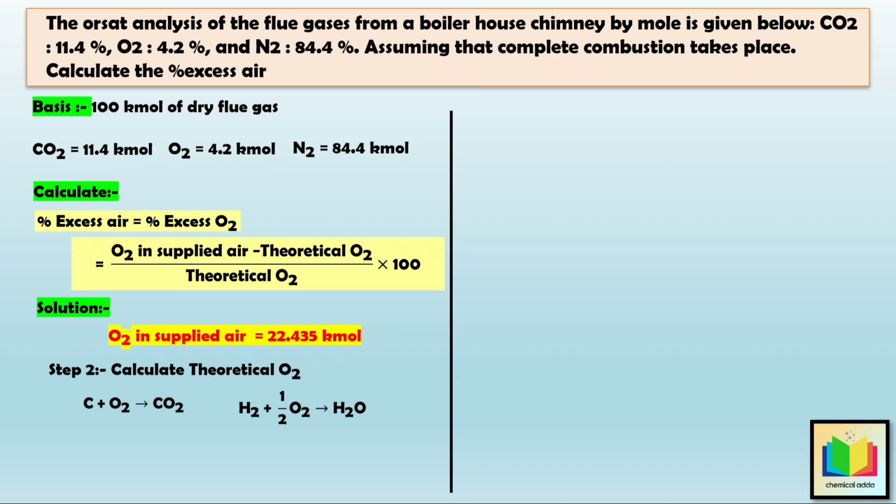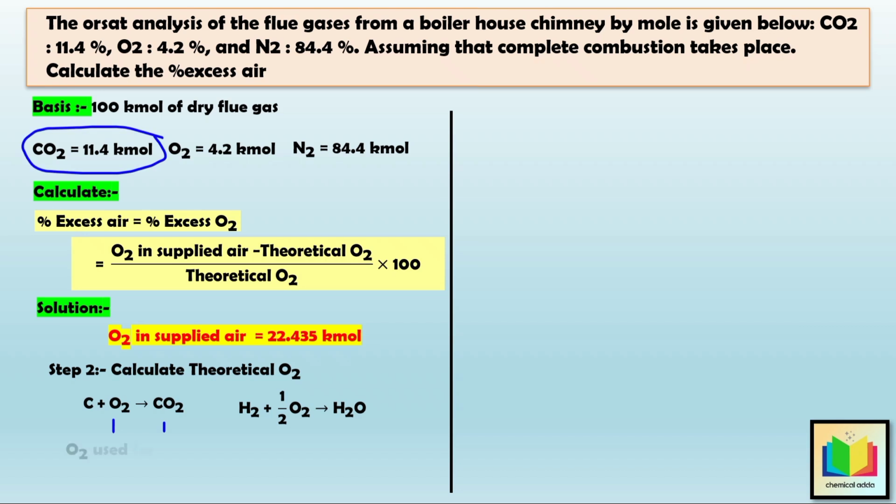So, from the first reaction, we can say that for every 1 kmol of CO2, 1 kmol of O2 is consumed. In simple words, we can say that 1 kmol of O2 is used for carbon burning to produce 1 kmol of CO2. But in this example, we are given that the composition of CO2 in flue gas is equal to 11.4 kmol.